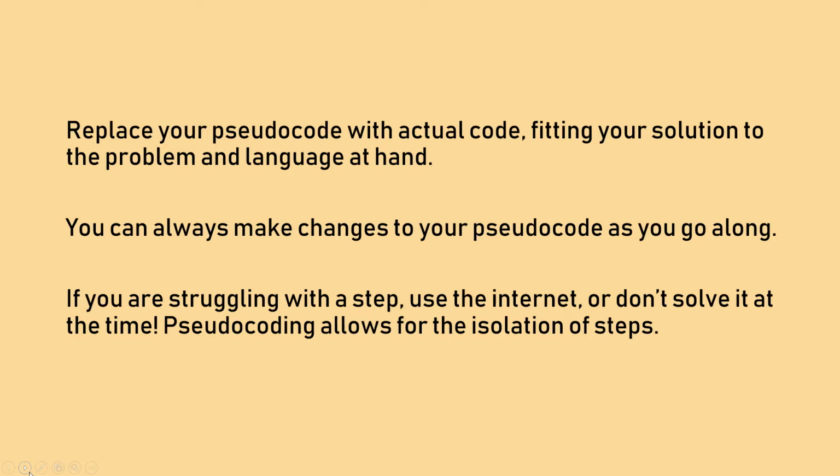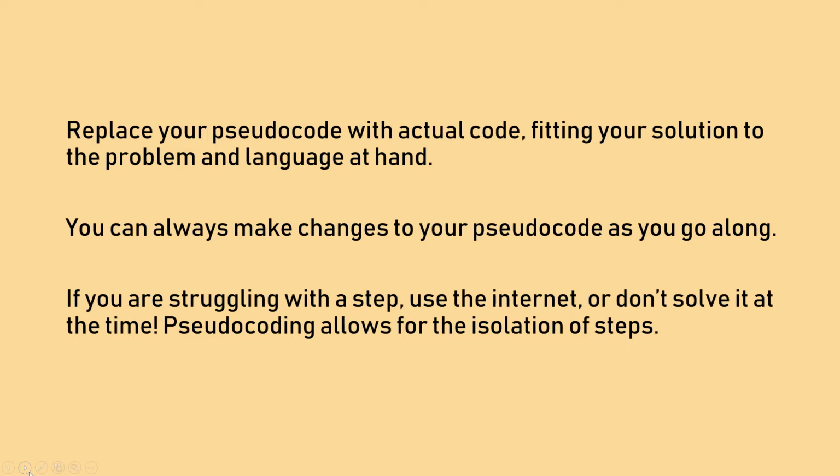Now, of course, it is natural to struggle with some steps. You may not know all of the keywords or the operators that you need to use to get to a certain place, even though you know exactly how and what to use. So if you are struggling with a step, use any resources you have. You can use the internet. If you have coworkers or friends around you, you can ask them.